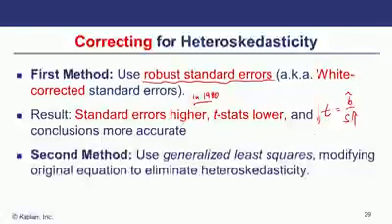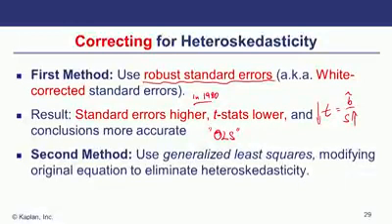The second method, which is kind of unrelated, is to use a different kind of regression model. The regression model we're studying currently is known as OLS regression, the idea of ordinary least squares. It's the idea that we try to minimize the sum of squared errors when drawing the line of best fit.